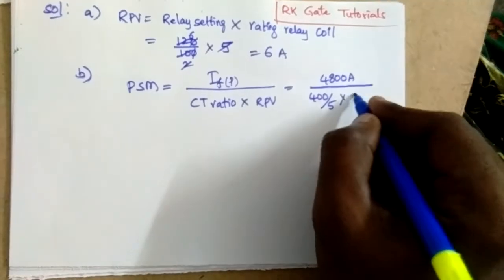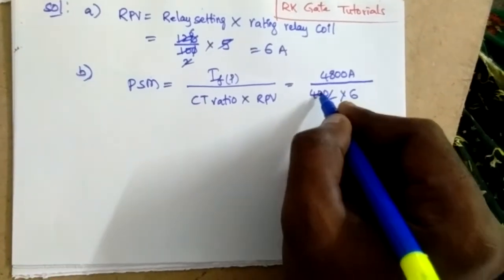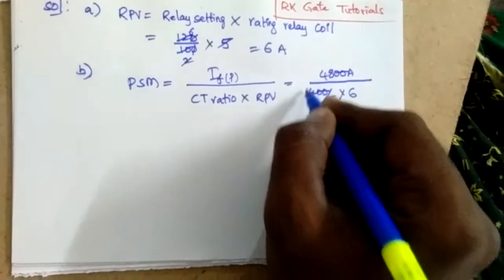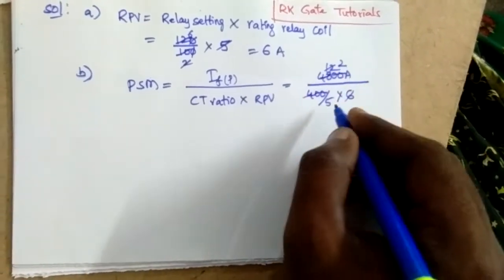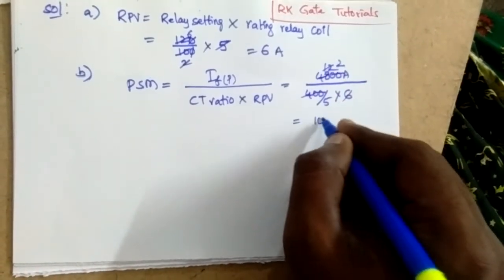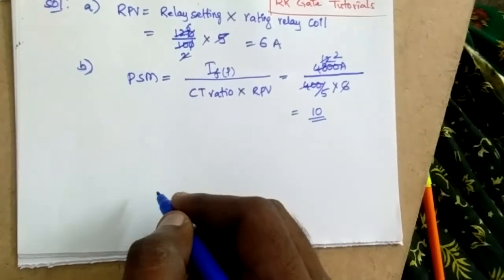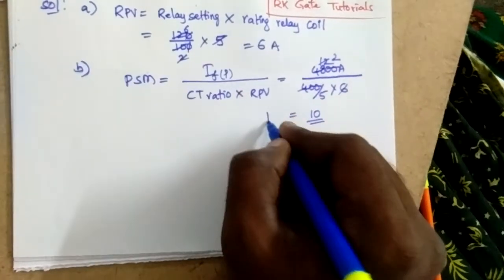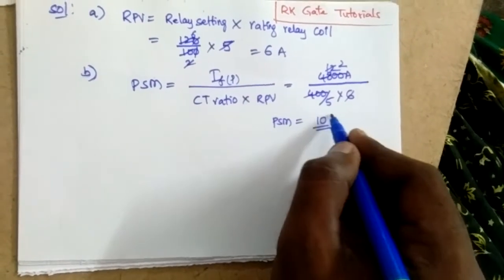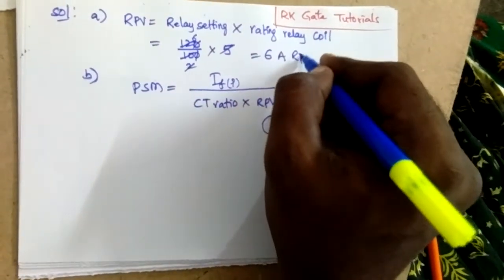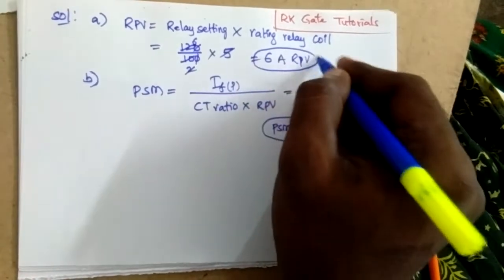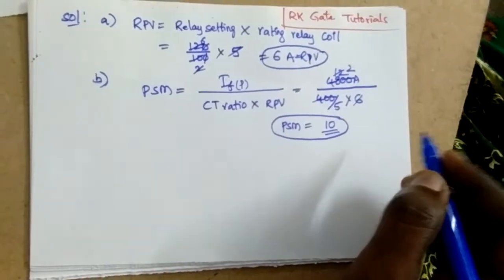Just now we have calculated that, it is 6. So on simple arithmetic, 4800 over 80 times 6, you will get 10. So PSM is 10. Now we got this, and RPV also we got. Relay pickup value is nothing but the pickup current of the relay.